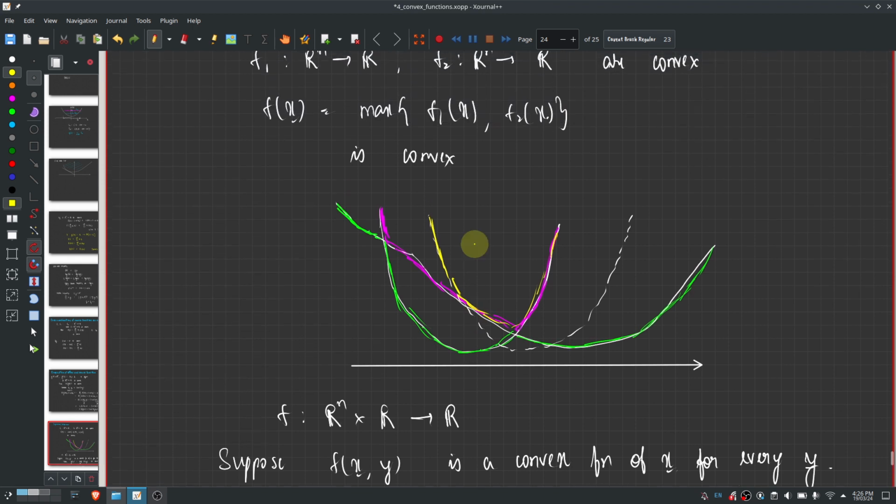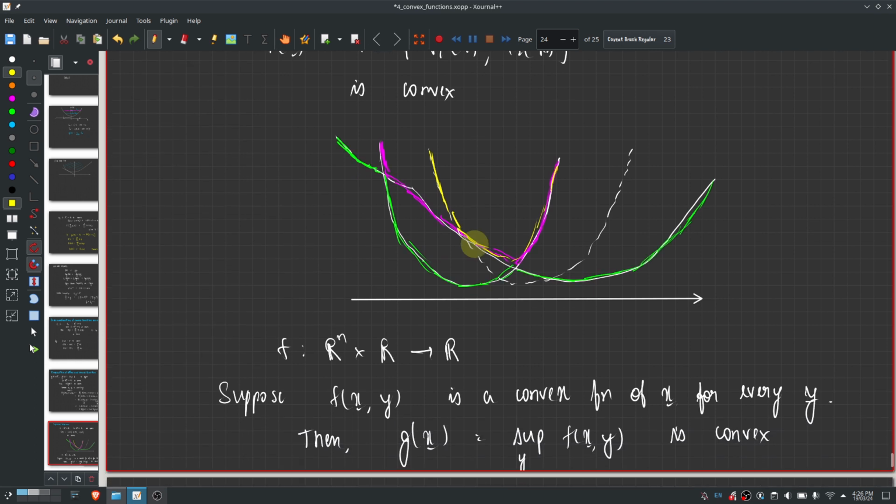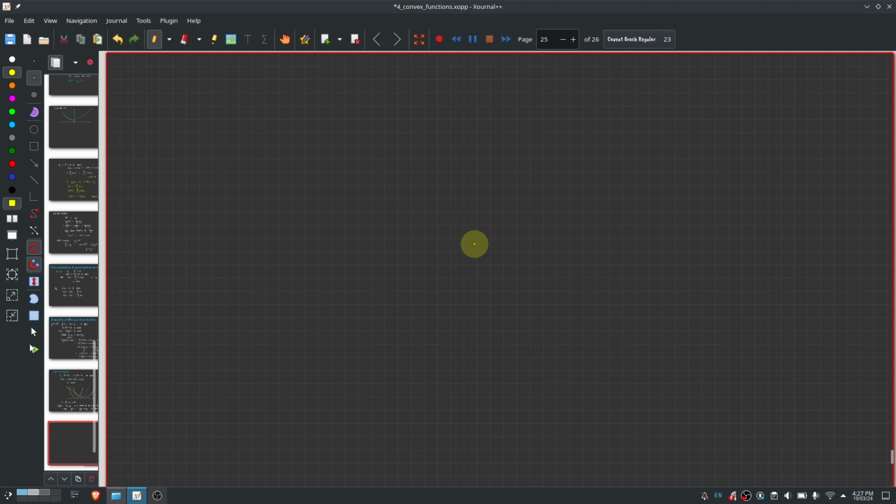So y, let's assume that y takes only two values, 1 or 2. That's how we're defining it, right? I define f of x comma 1 to be equal to f1 of x. I define f of x comma 2 to be equal to f2 of x. Correct, that's an index set.